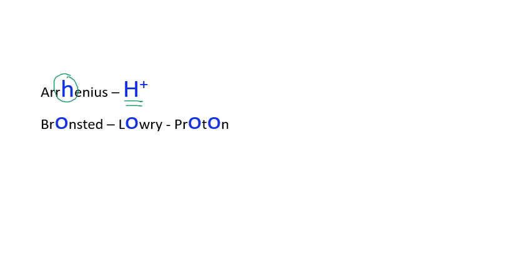In this slide, I'm going to share with you how I remember the definition of acid and base according to the three different theories. First, Arrhenius, I see the H, so I know in my definition, there will be H+. Bronsted-Lowry, I can see the O, so in my definition, they supposedly have the proton. While Lewis, I see the E, so I will relate it with the electron pair.